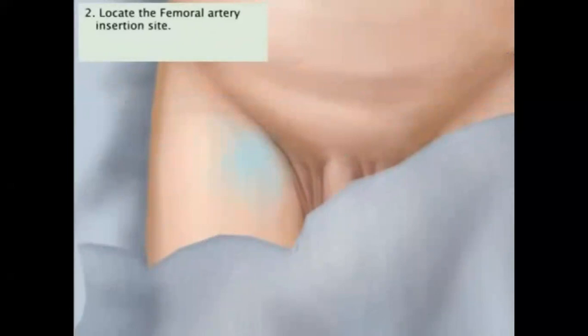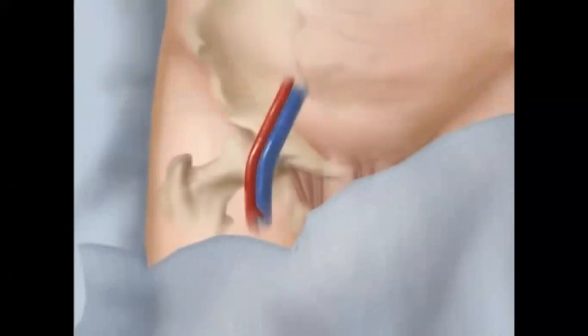Usually the local is the most painful part of the procedure. After that, they don't feel anything.